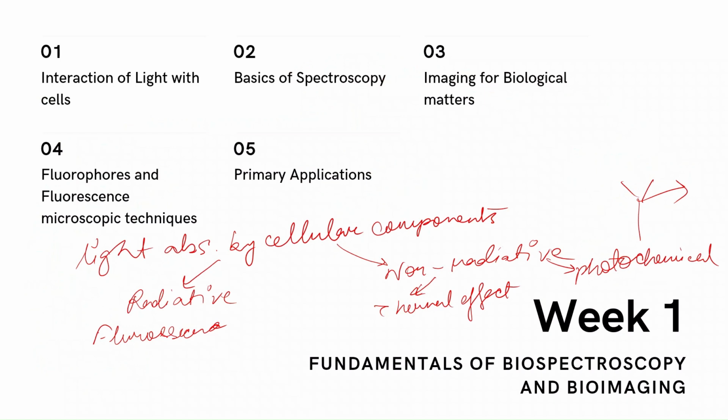Fluorescence emission is dependent on specific wavelengths of excitation light, and the energy of excitation under one photon absorption is greater than the energy of emission. So the wavelength of excitation light is always shorter than the wavelength of emission light. But why did fluorescence become so widely used? It is because of the advantage of providing a very high signal to noise ratio.